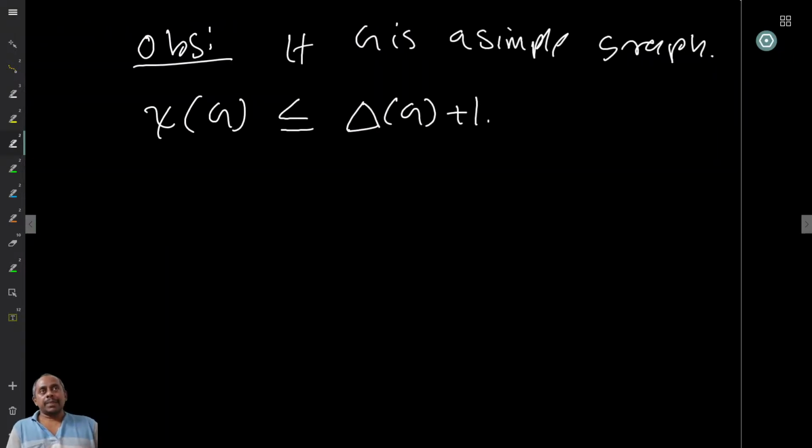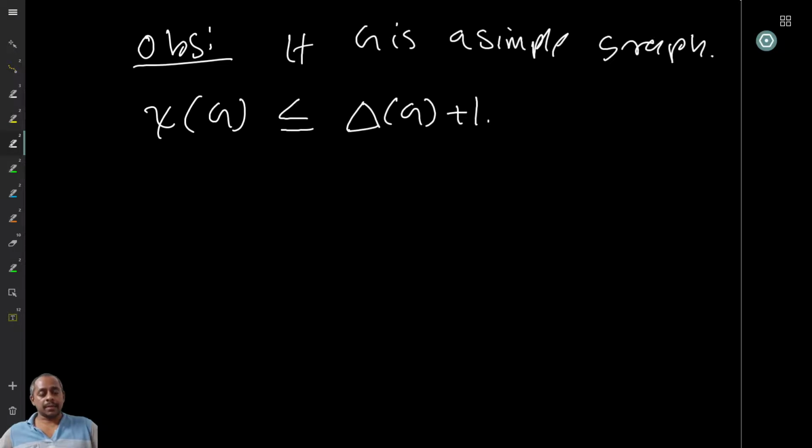Now, here is an observation about the upper bound. So if G is a simple graph, then the chromatic number of G is at most the maximum degree of G plus 1. Okay. So given any graph G, delta of G is the maximum degree, right?